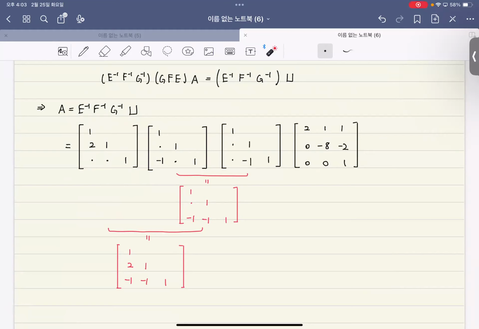Okay, good. So by the way, I was able to write down any matrix A as a product of this lower triangular matrix times upper triangular matrix.